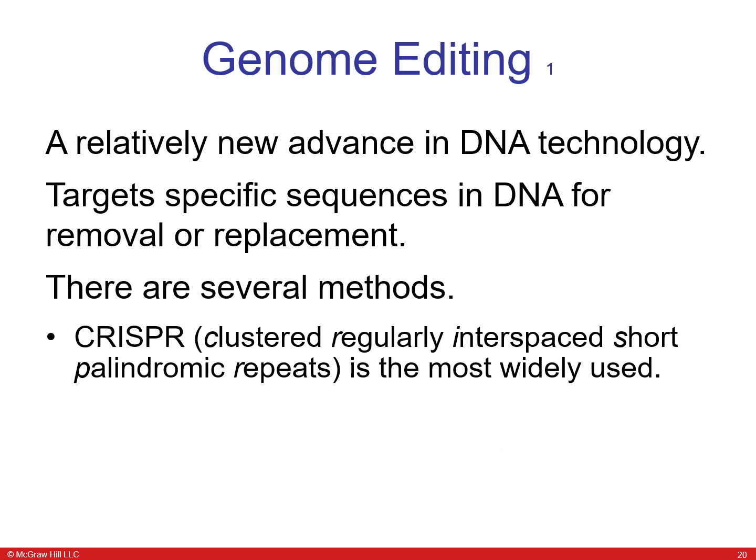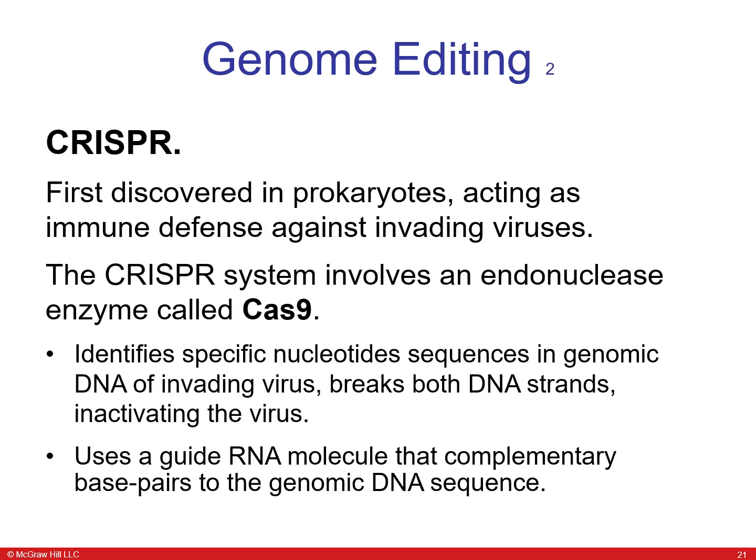Genome editing is a relatively new advance in DNA technology, and it targets specific sequences in DNA for removal or replacement. There are several methods, but the most popular one used is CRISPR, or clustered regularly interspaced short palindromic repeats. CRISPR was first discovered in prokaryotes, acting as an immune defense against invading viruses.